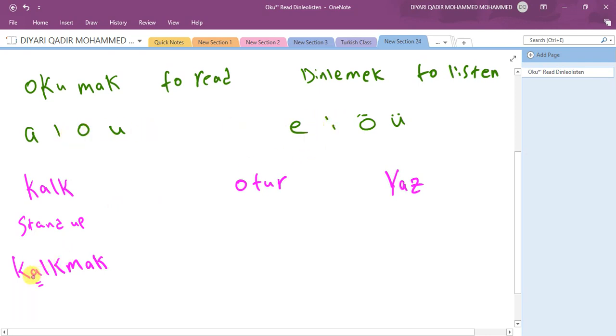When the hard vowel comes, we use mak. But when the soft vowel comes, we use mek. So now it became kalkmak. It means to stand up. This is the origin of the word.